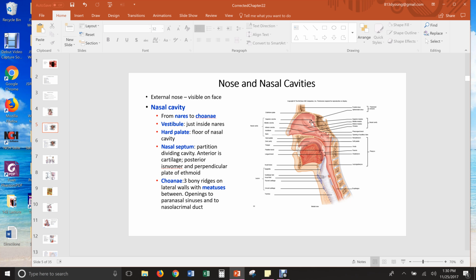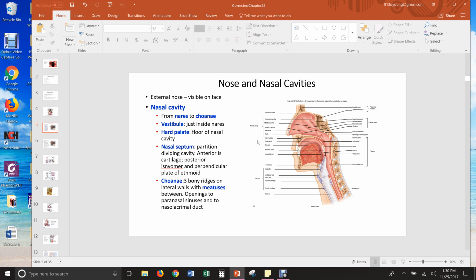These flaps are called choanae. And what they're going to do is, as air comes in, we're going to need to warm and moisten the air because air that comes in, most likely it's not going to be 98.6.